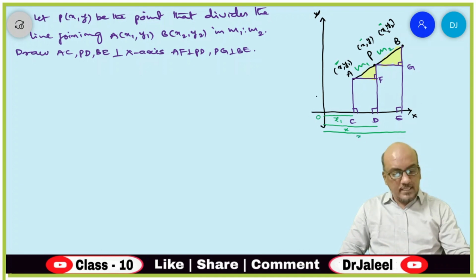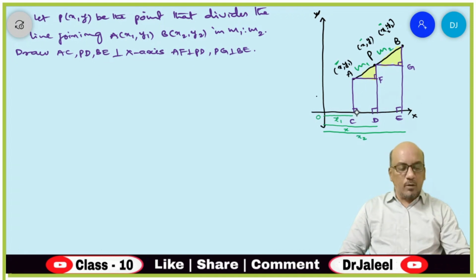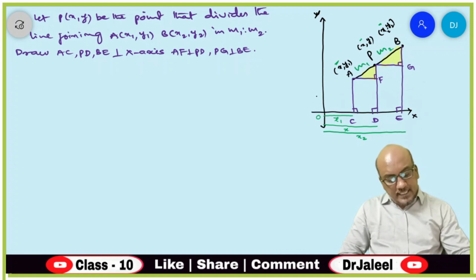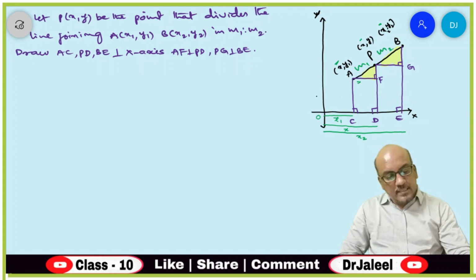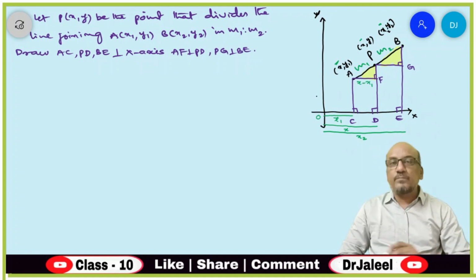So this is x2. Now when I want CD, how do you get this CD? Total distance x minus this distance x1. So CD is x minus x1. When CD is x minus x1, then AF is also going to be x minus x1. I hope you are clear with this.